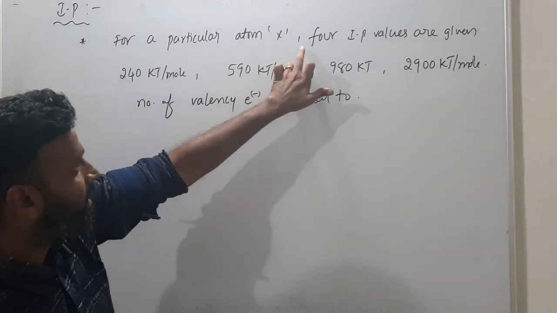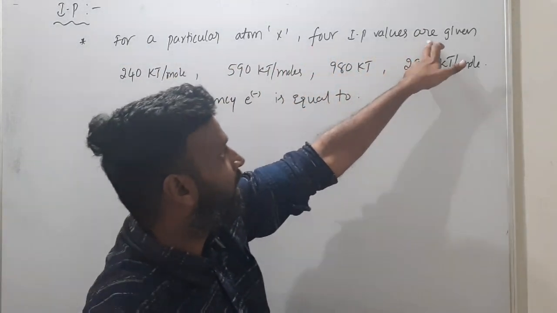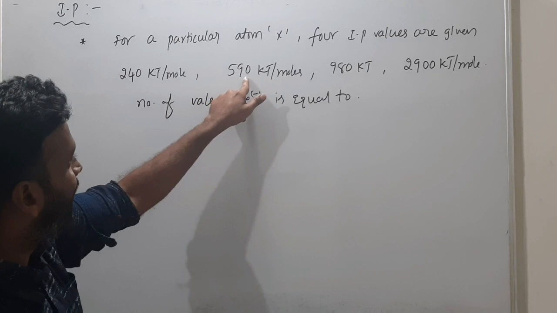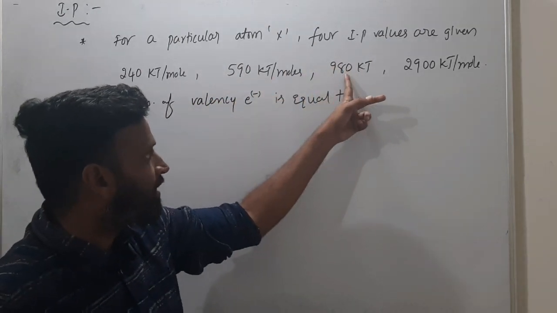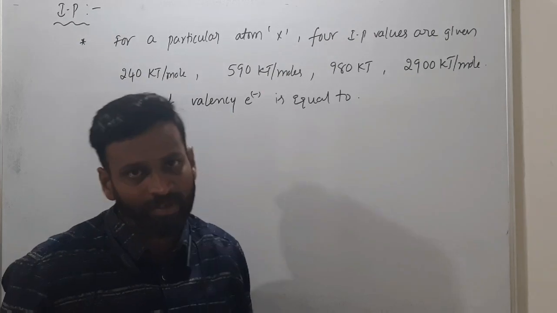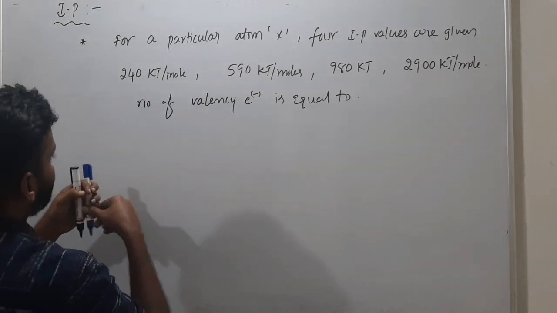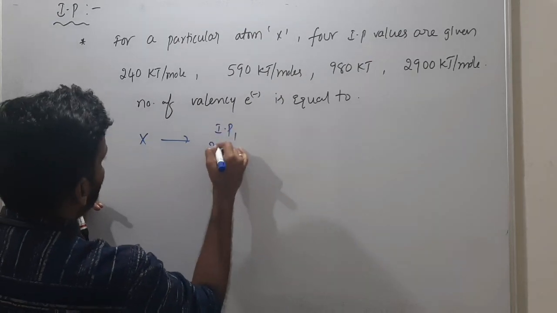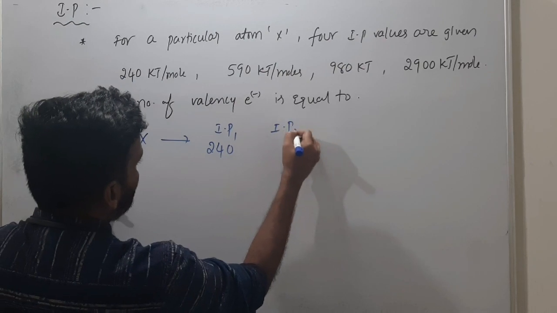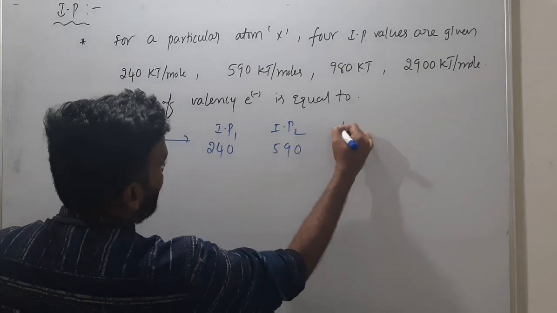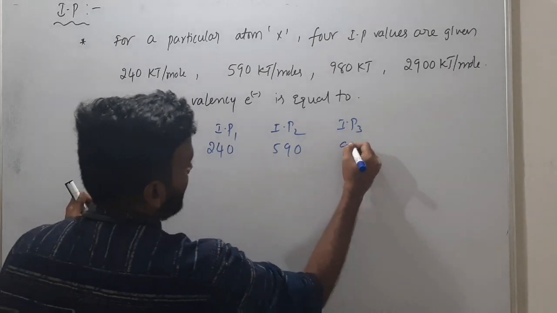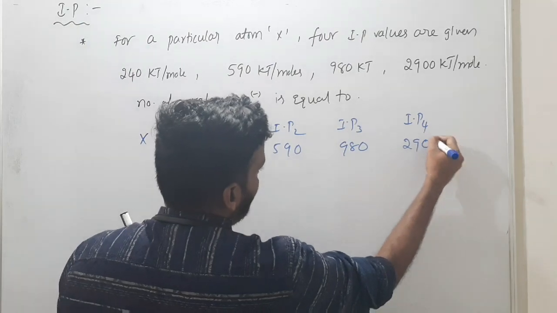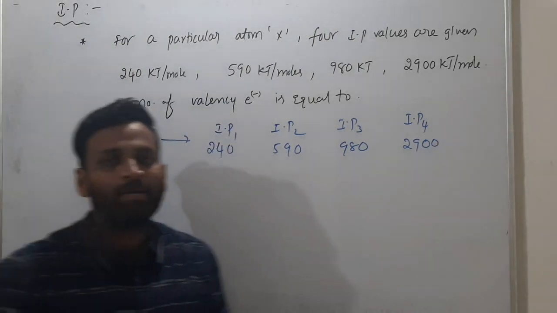For a particular atom X, 4 ionization potential values are given: IP1 is 240, IP2 is 590, IP3 is 980 and IP4 is 2900 kilojoules. Actually, this is the amount of energy.